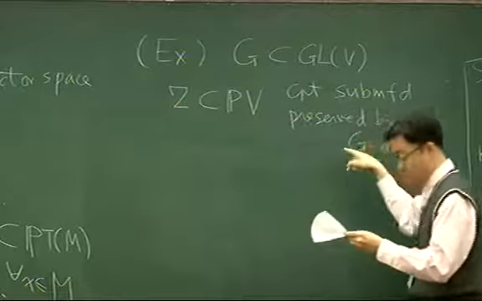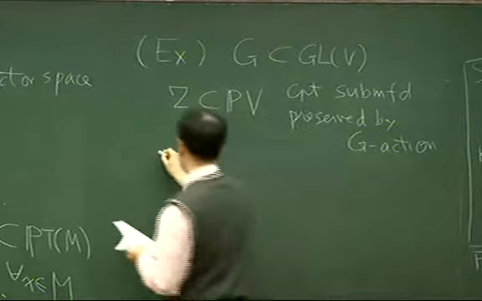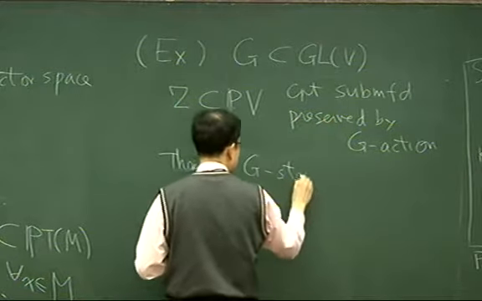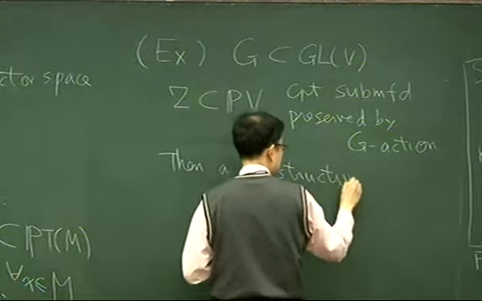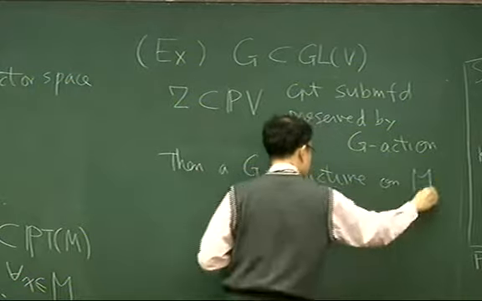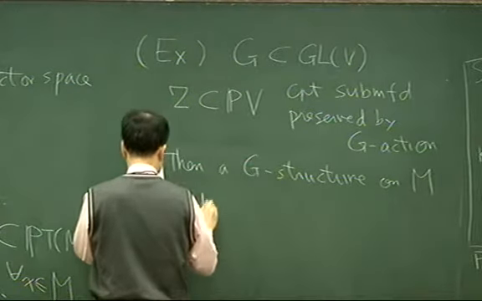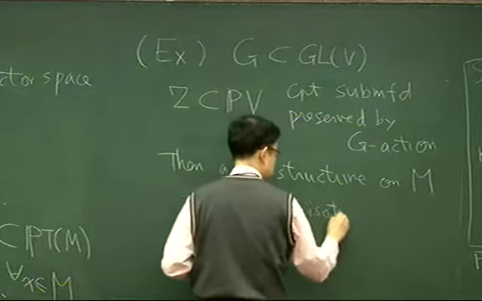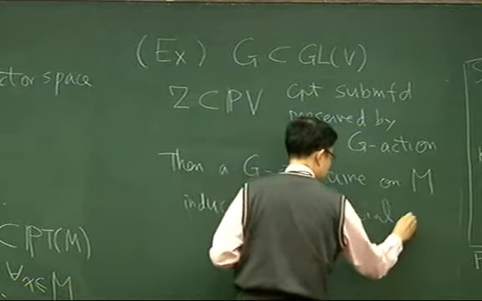Suppose you have such a submanifold. Then a G structure on M induces a G isotrivial cone structure.